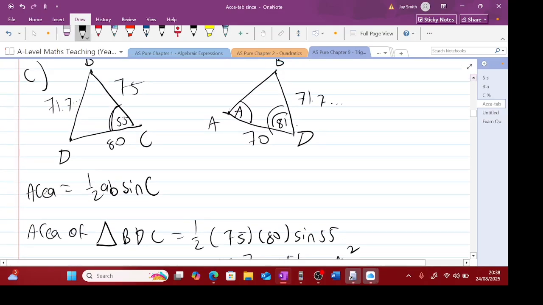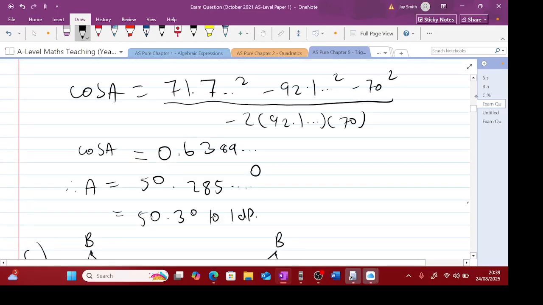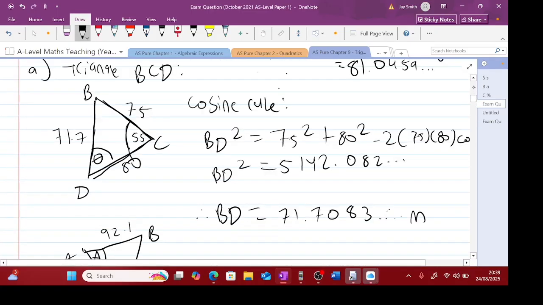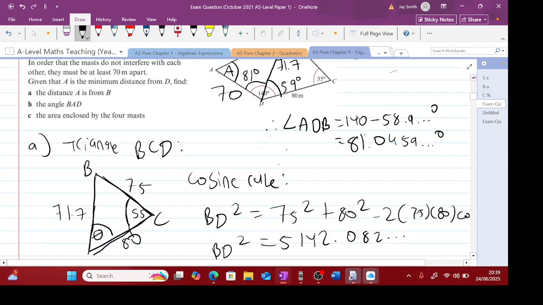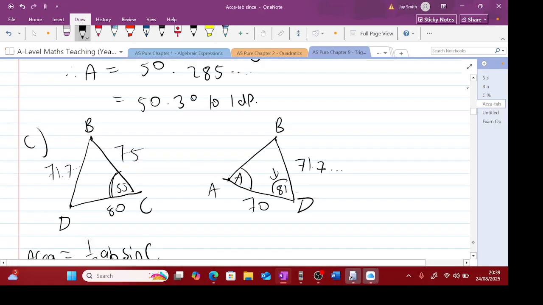So again, I've got this angle 81 in between these two sides, 71.7 and 70. Now this 81, remember, is this decimal, the angle here. So it is a large one, which remember I've stored as C in my calculator.